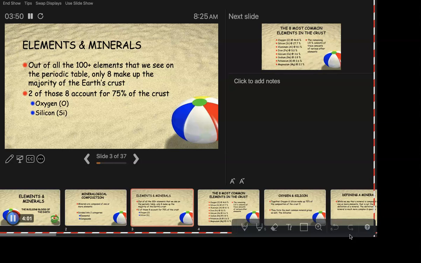So luckily for you guys, out of all those elements that make up the periodic table, you don't really have to learn a whole lot of them, thank goodness. There's really only 8 that show up over and over and over again. And I don't even hold you necessarily responsible for those 8. You will get used to them. You'll see them.